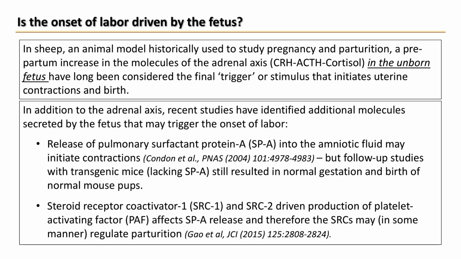This has not been conclusively demonstrated in non-human primates and/or women, but it is thought to be a primary mechanism of action, and it is thought by most clinicians and/or basic scientists studying reproductive physiology that the fetus is predominantly the main stimulus for when parturition actually starts.